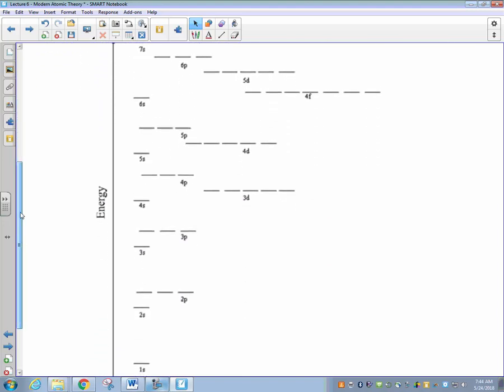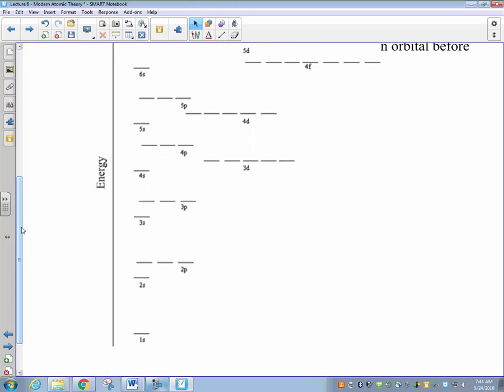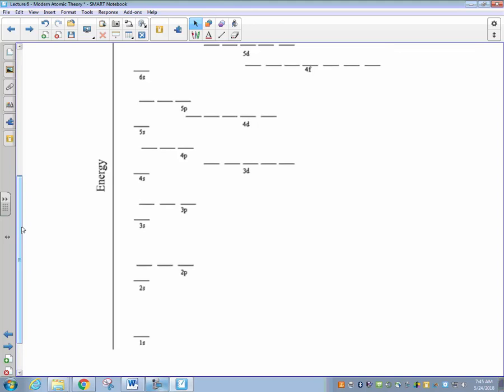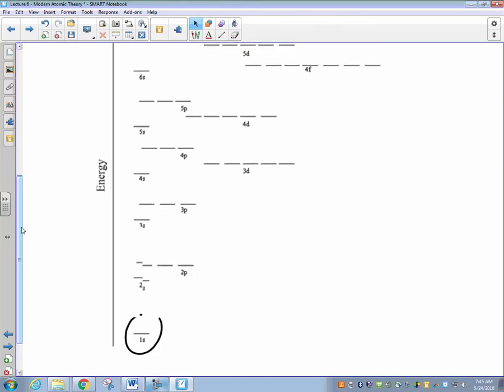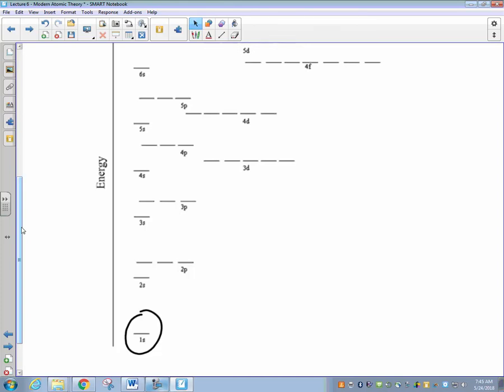This diagram shows the relative potential energy levels of the orbitals within an atom. As you look at the very bottom of this diagram, you'll see we have the lowest potential energy orbital, which we refer to as the 1s orbital. The 1 refers to the relative distance on average from the nucleus, 1 being closest to the nucleus.